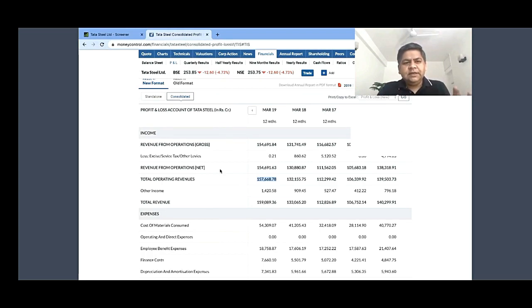And then Tata Steel became one company, and obviously when you see the consolidated sales, it is the complete group sales, and that's why you see that the group sale is 1,57,668 crore.